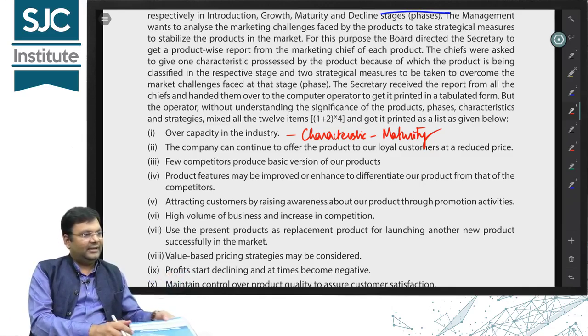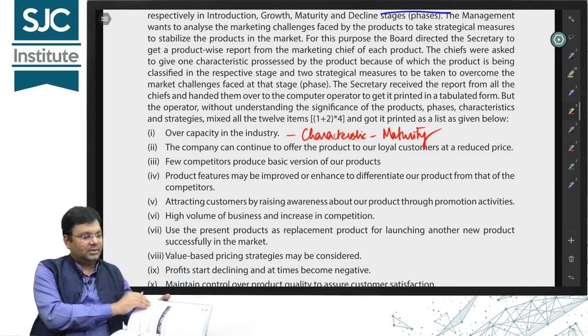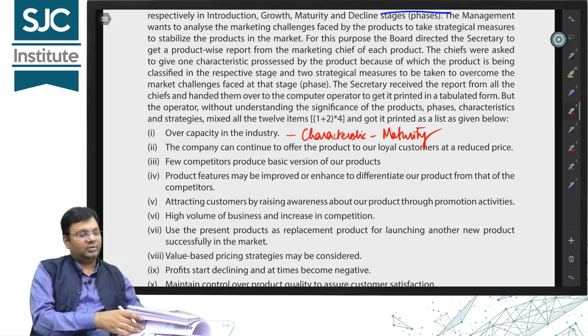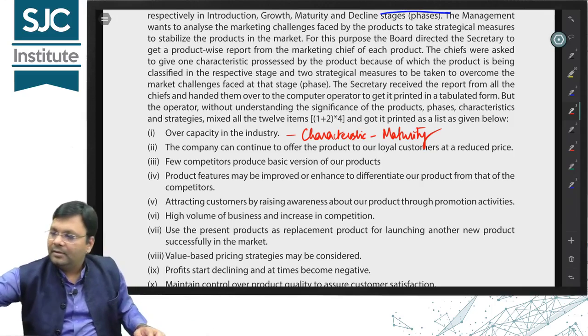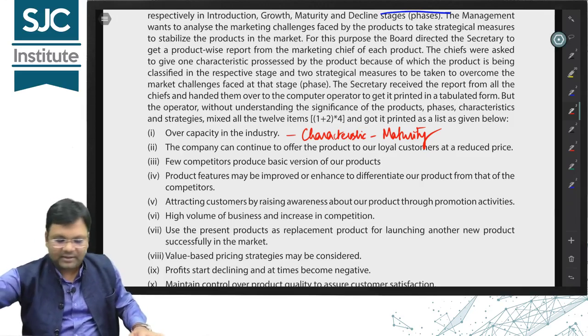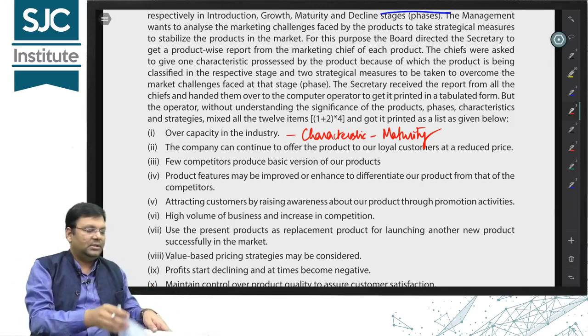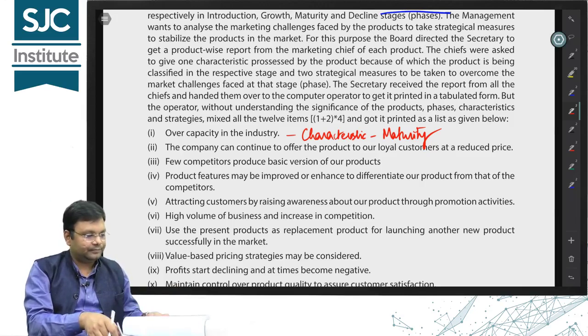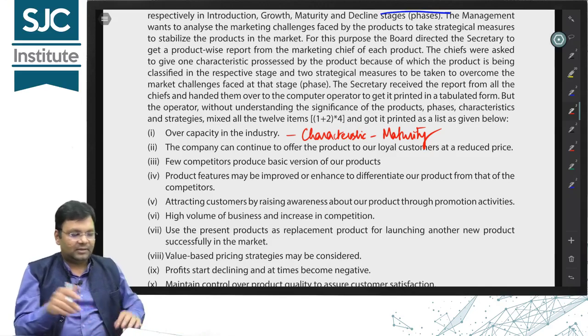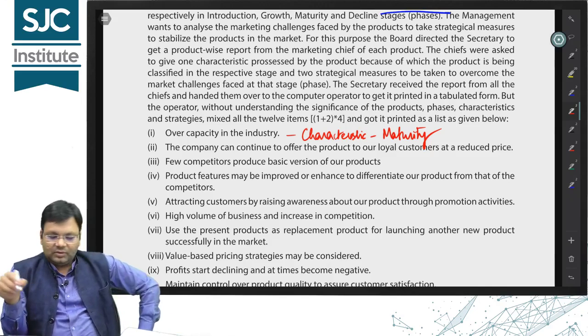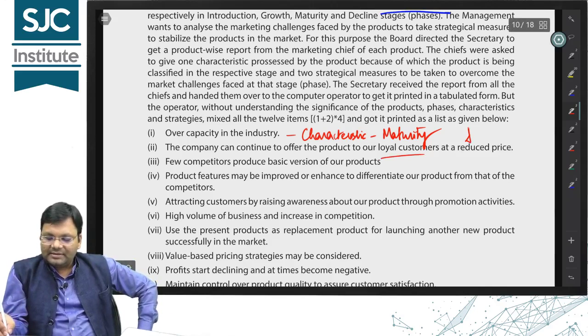Yes, it's a bit tricky, and we were shocked to see this kind of question in the exam. If it is given as a general comment we can always write, but to pinpoint exactly is very tricky. Nevertheless, we can't escape it. Loyal customers at reduced prices usually happens in the decline stage, as a strategy.